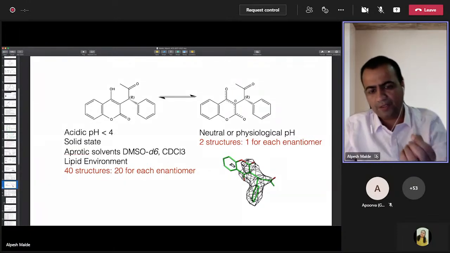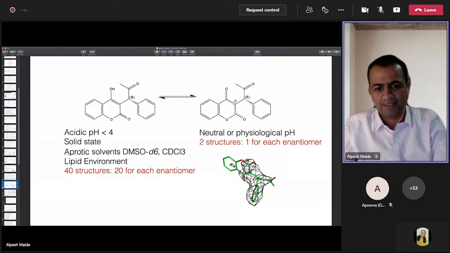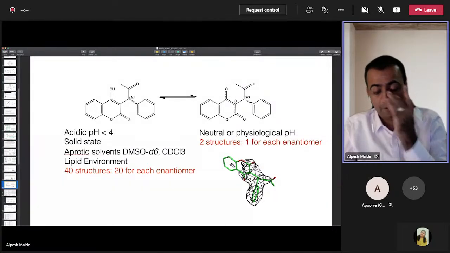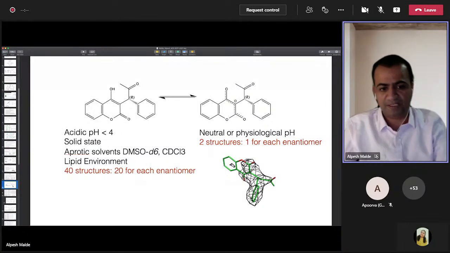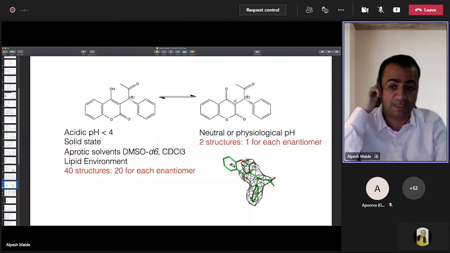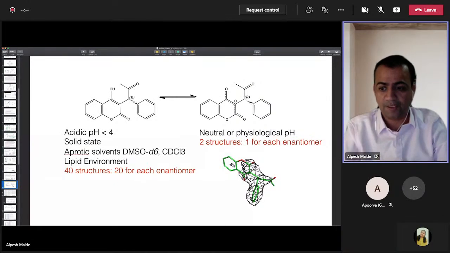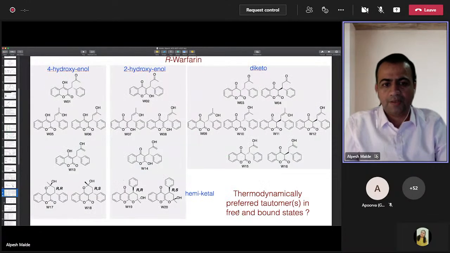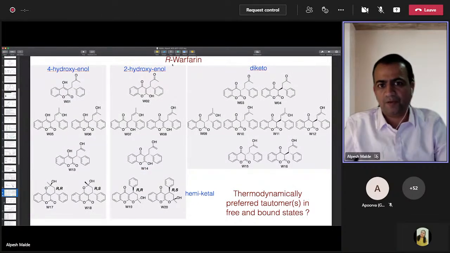In the solution, there are more than one states present, and when you try to record the NMR, you have signals coming from all possible states. So it's difficult to deconvolute those signals and work out which are the most likely tautomeric states present in a given system.